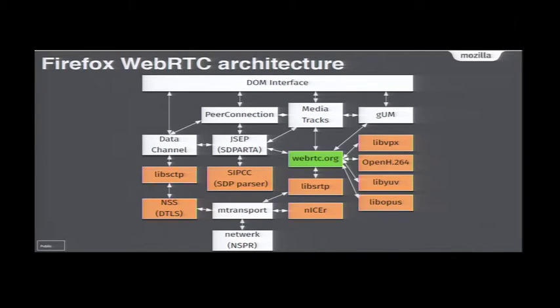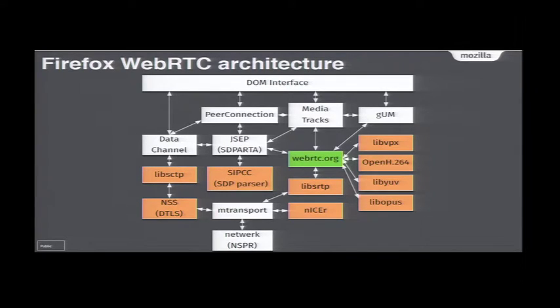Then I wanted to address one question we get quite often: okay, so Firefox, you use the webrtc.org code, which comes from Google, so then your WebRTC implementation is the same as the one in Google Chrome. The idea behind this slide is to basically say, no, it's not the same.